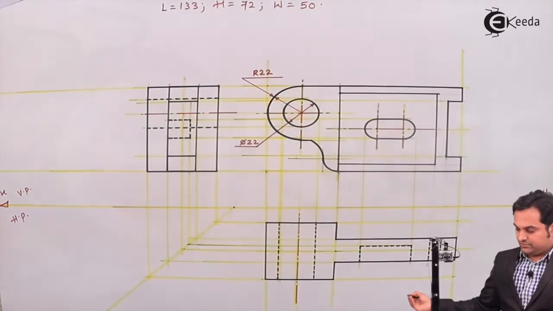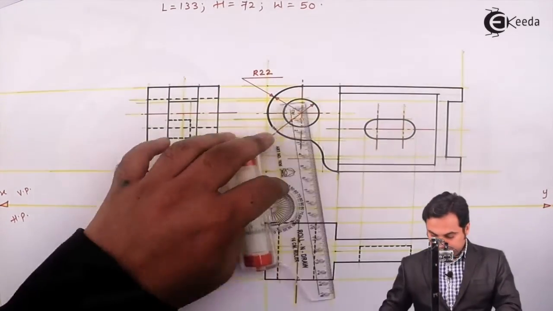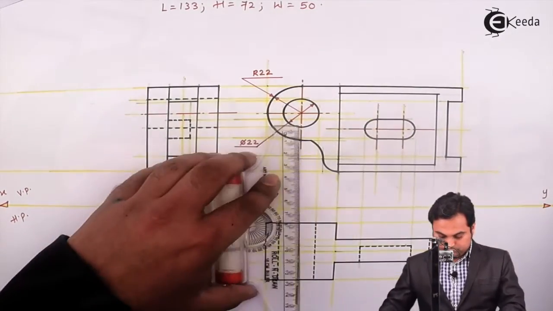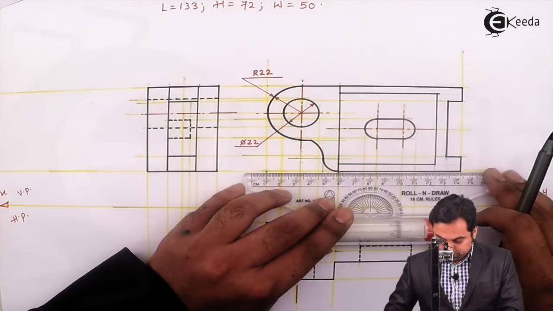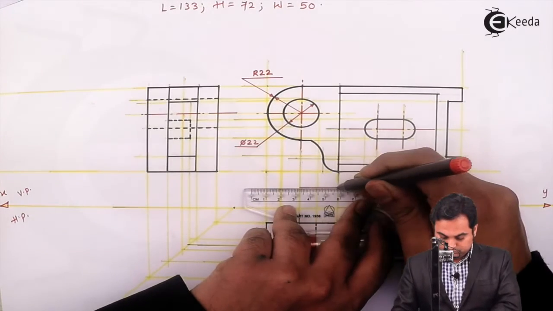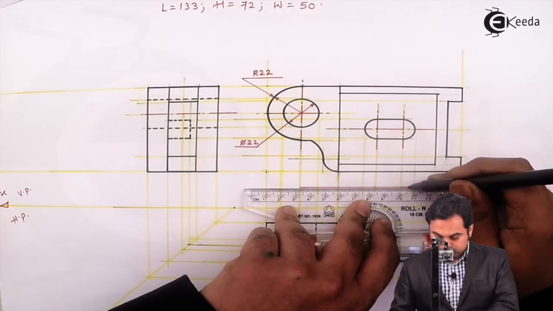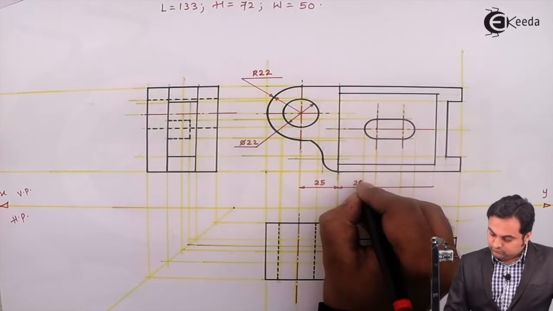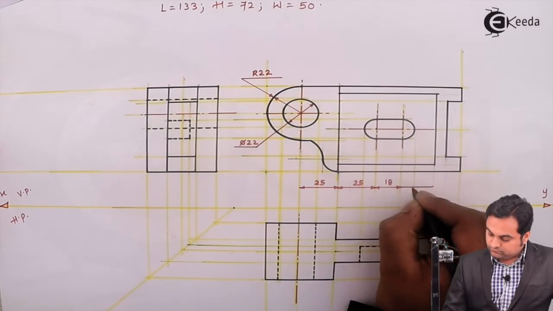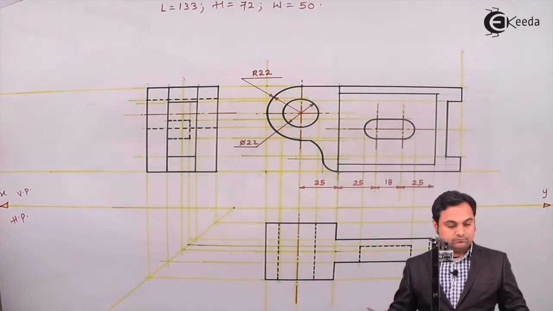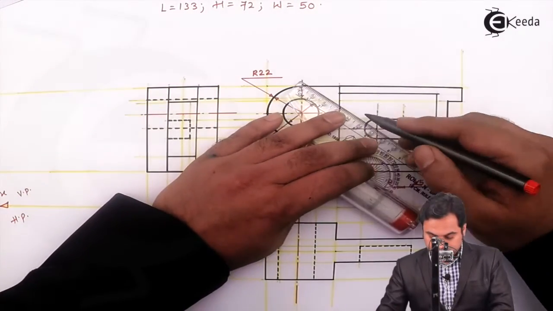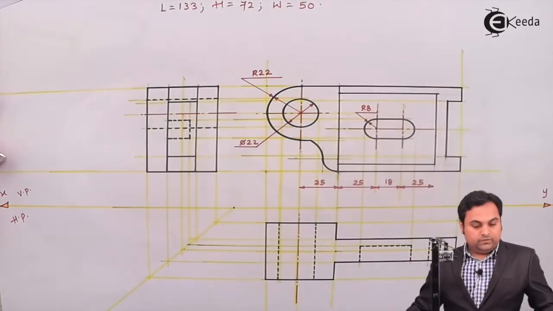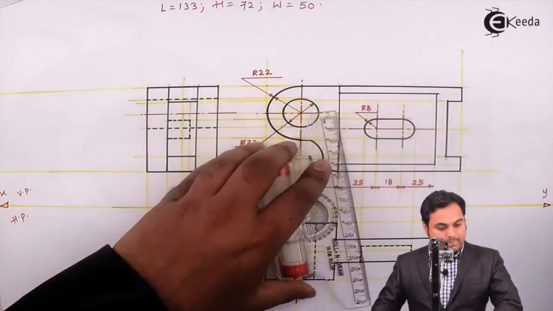For the semicircle, radius is 22. Radius 8 mm.